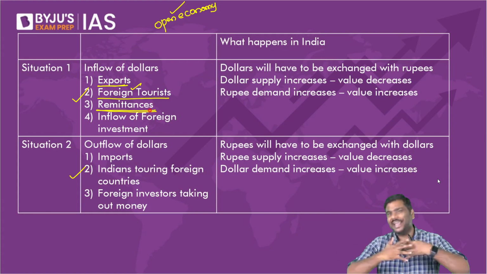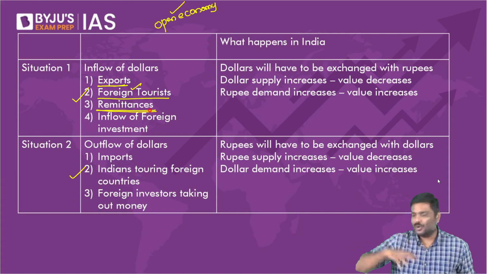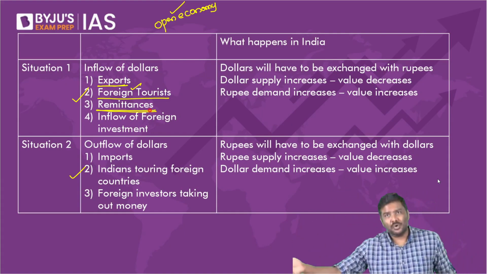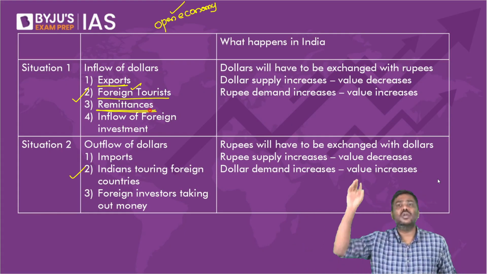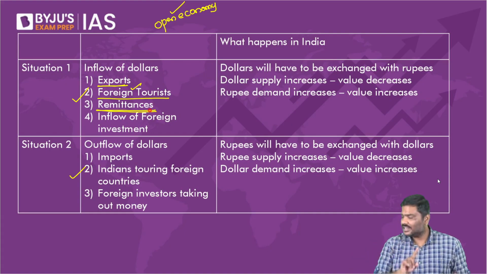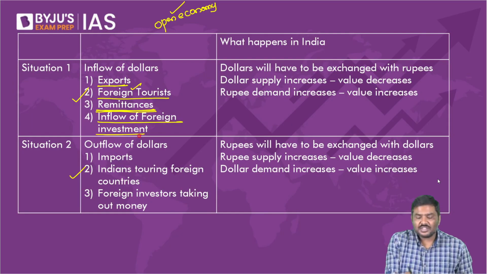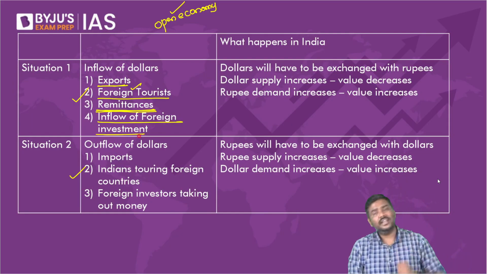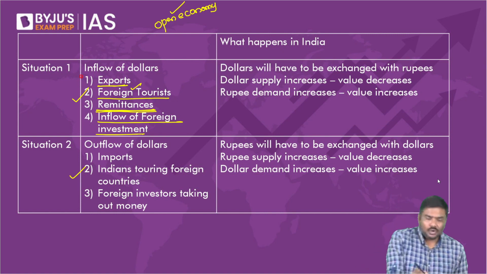That is the reason whenever you talk about anything related to international trade, imports, exports, remittances, all these numbers are always given in US dollars. Okay. Now, remittances, inflow of foreign investment, for example, foreign direct investment, foreign portfolio investment, etc.